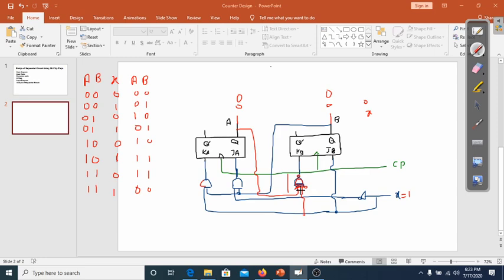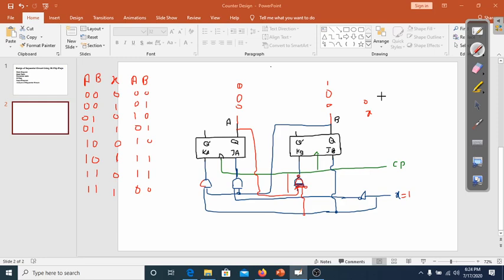So the next state, when JB is equal to 1, is equal to 1. Here K, which is the AND gate whose input is AND with B and x prime, is equal to 0 when J is equal to 0. So the next state is equal to 0.